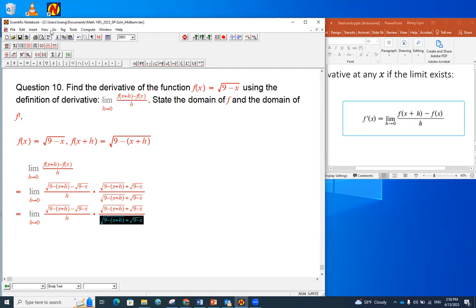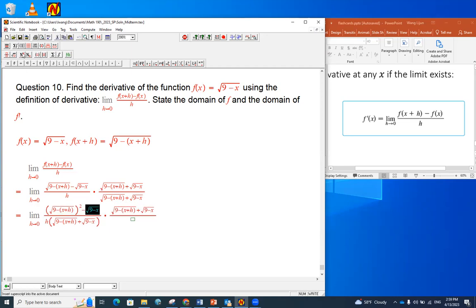So the denominator is going to multiply the denominator and the numerator times the numerator. Numerator times the numerator, so we're going to get the square.